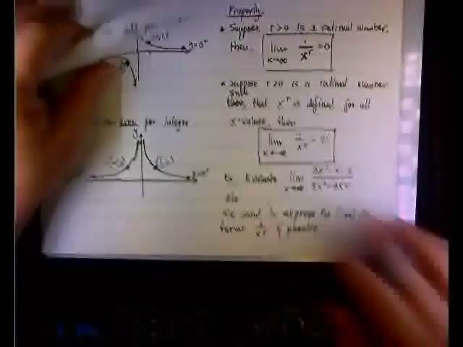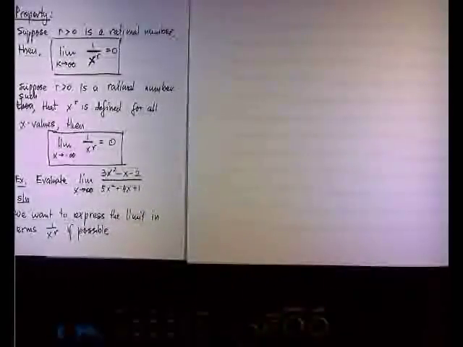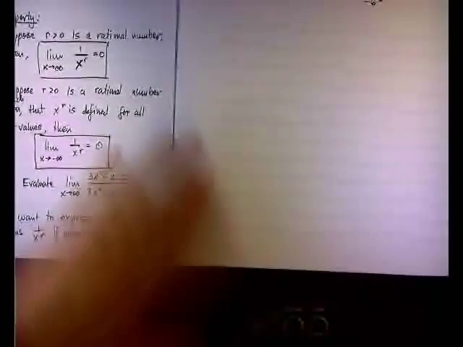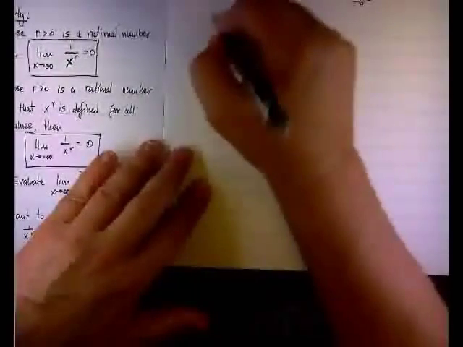So, how do we go from here to an expression that has 1 over x to the power of r? Well, with a little experience, you can see that this can happen if you multiply both numerator and denominator by 1 over x squared.